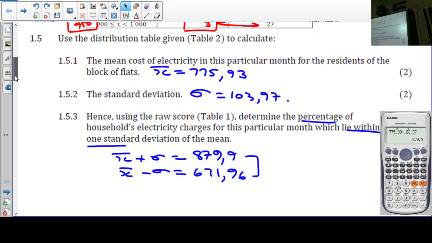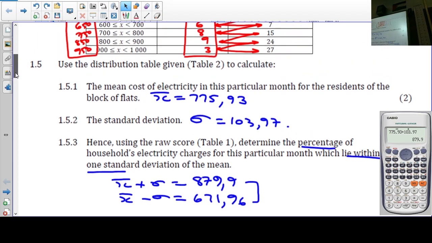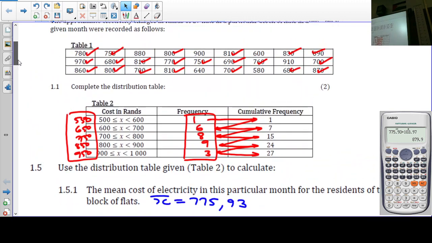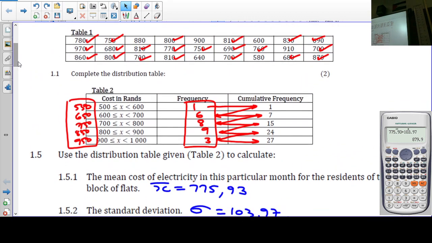So we count all the values between that. I'm not going to waste much time, I've ticked it before already. We count all the values that are ticked lying between those values: 1, 2, 3, up to 21. So 21 values lie between.